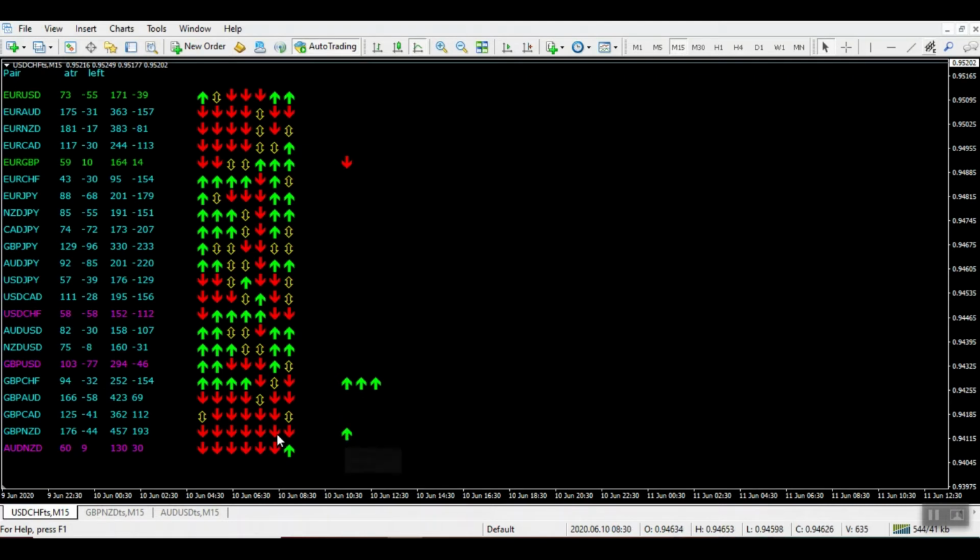But look at this one here. The NZD, this one is red down. Here, the 5 minute is up. The reason for that is this is now. This arrow right here is now. This is last bar.